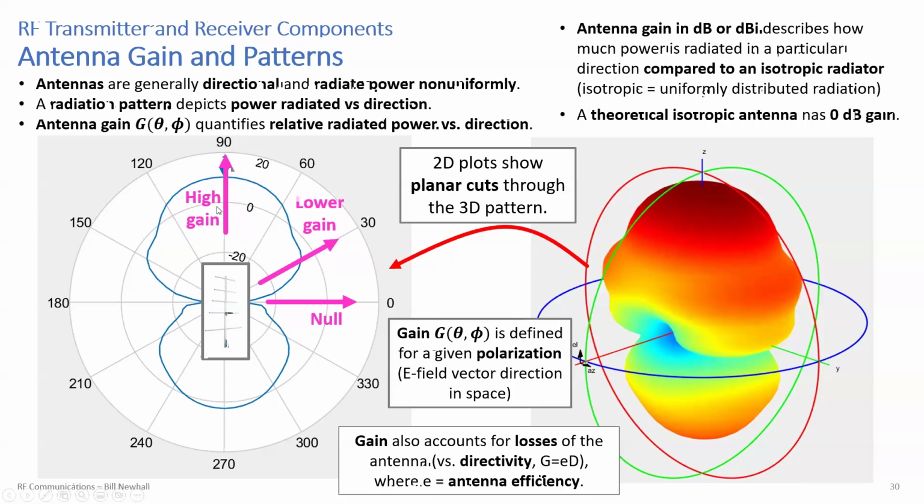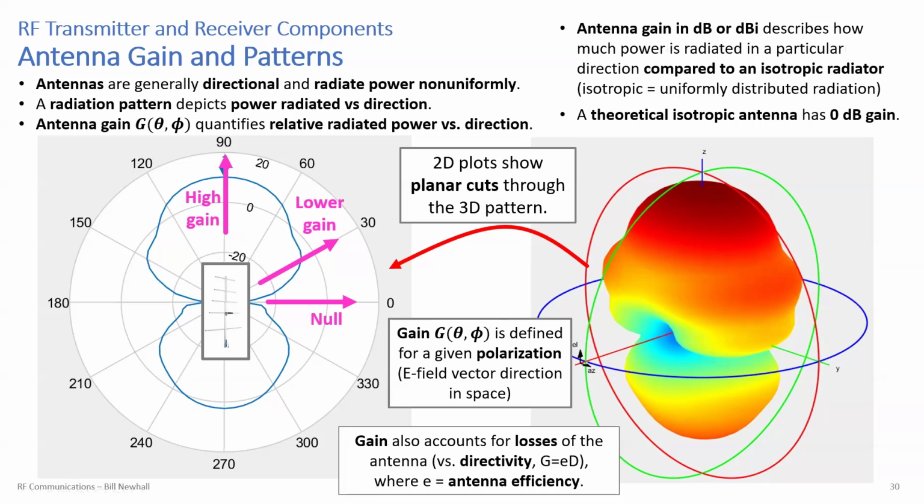There are different cases where you want each of these. In other words, if you have, let's say, you don't know where your intended receiver is, you might want an isotropic or an omnidirectional all around you radiation pattern because you don't know where to direct the energy. If you do know where to direct the energy, you might want to have a directional pattern.